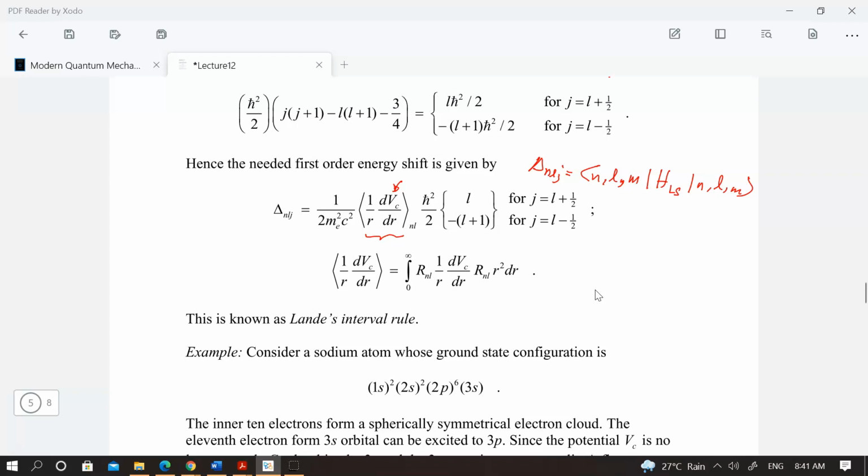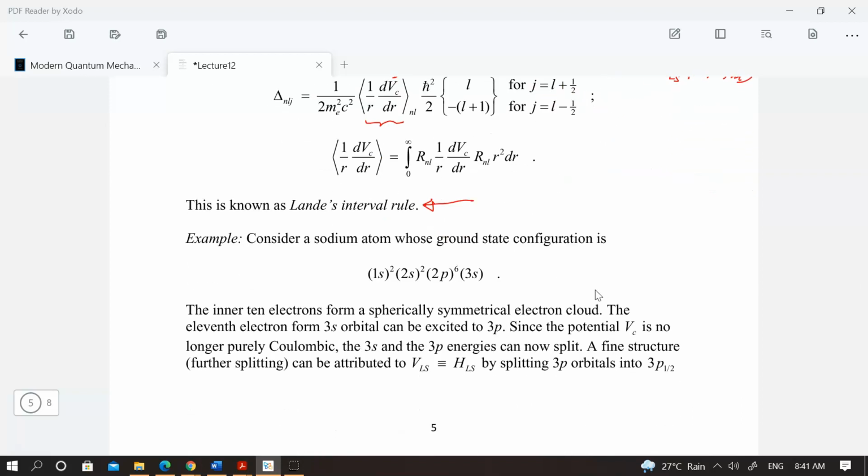In any case, this shifting in terms of two different levels is called the Landé interval rule. Let's consider the case where you use a specific form for this potential, so that we can calculate this in full.